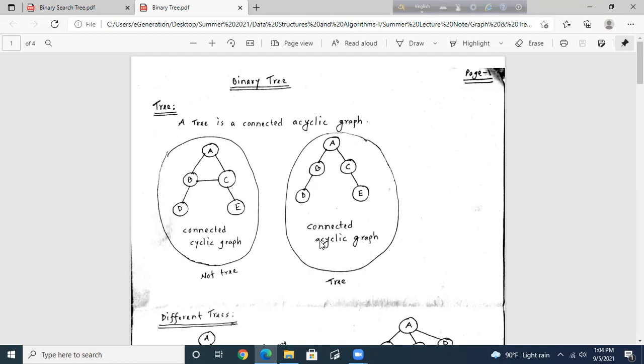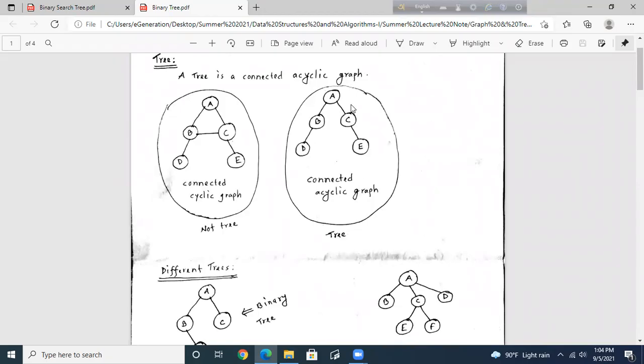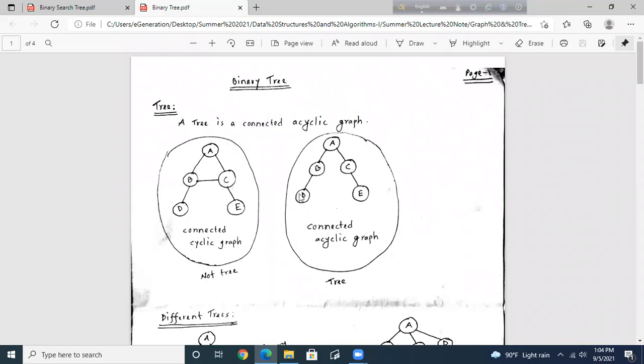But if you look at the right side tree, there is no cycle there, student. In the left graph, A to B, B to C, C to A is a cycle. But here there is no cycle. It is a connected acyclic graph because there is no cycle.